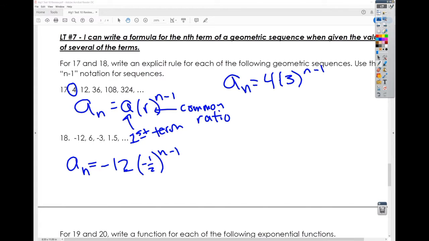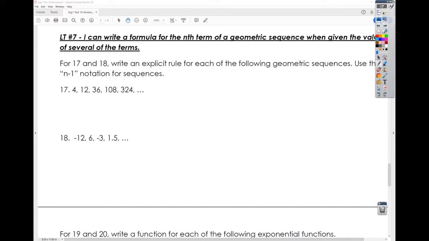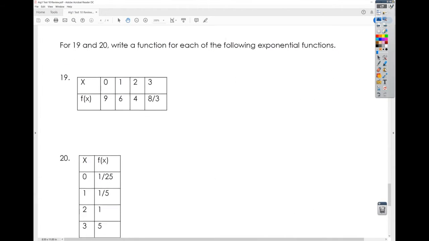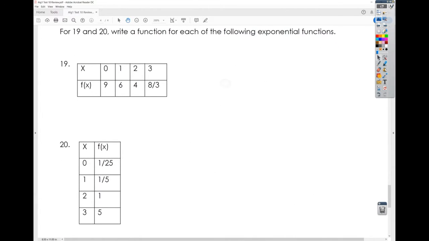All right, and then for the next problems, we want to write a function for each of the following exponential functions. In order to write an exponential function, I need to know 2 values. These will be written in the form of a times b to the x.